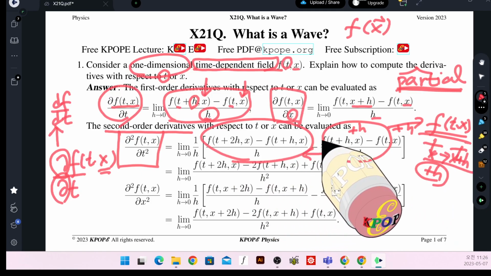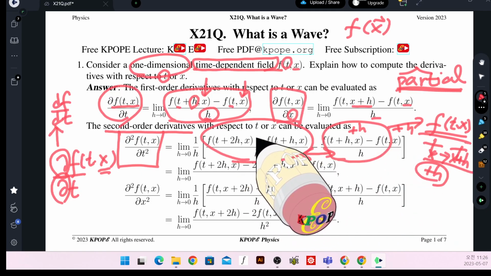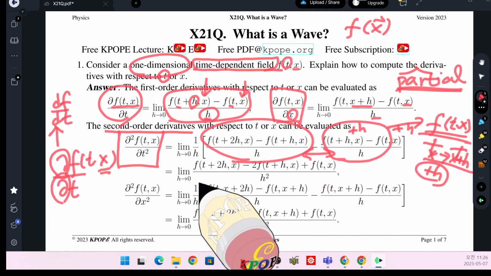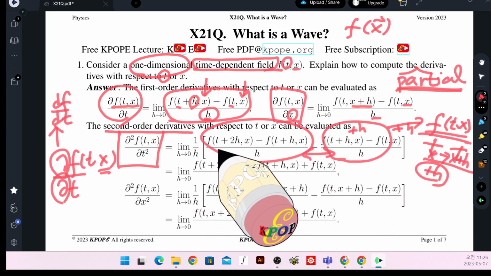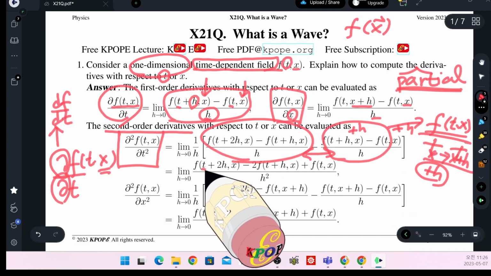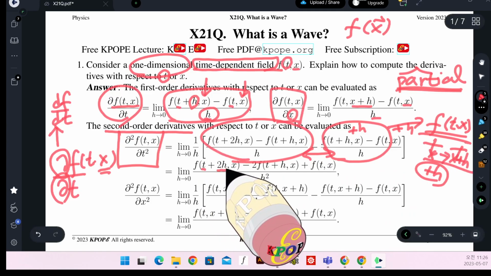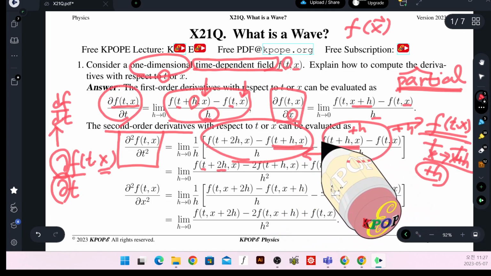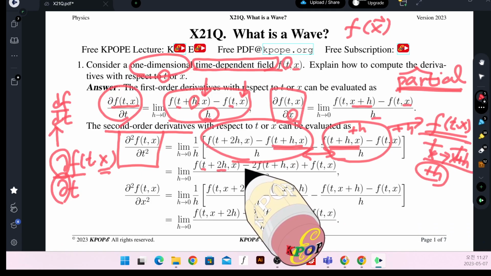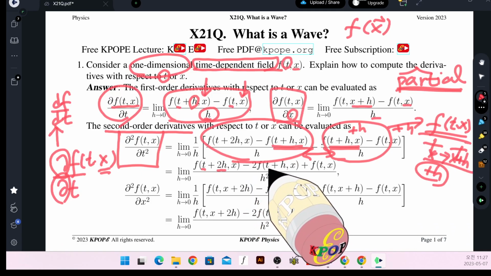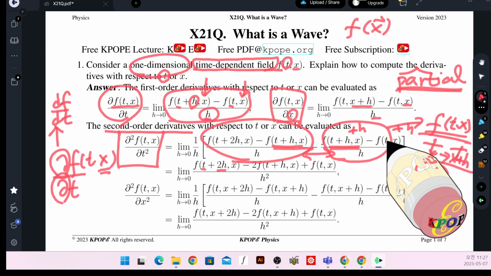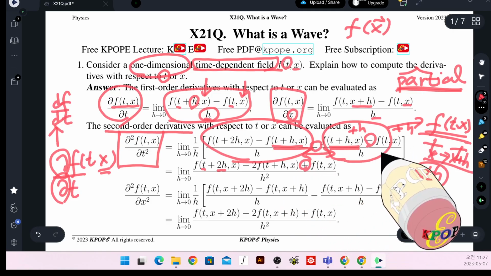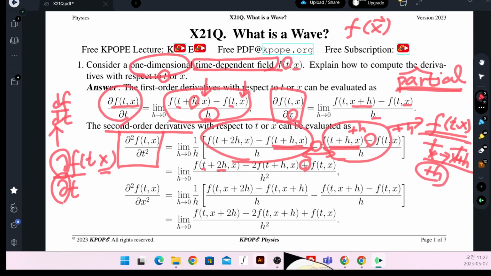We can combine these two fractional rational functions to find that we have f evaluated at t plus 2h, and these two are identical terms. So it is doubled to find minus 2 f of t plus h, and then finally minus minus will give a positive sign on the f of t.